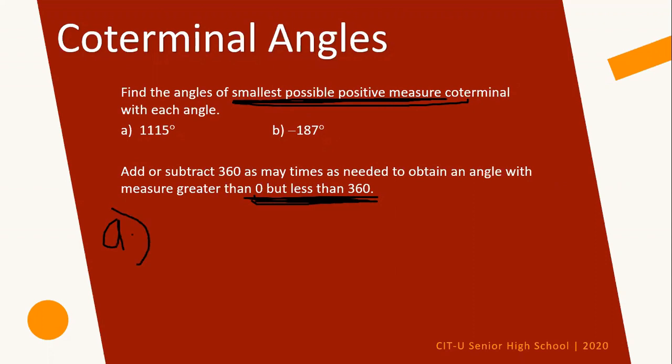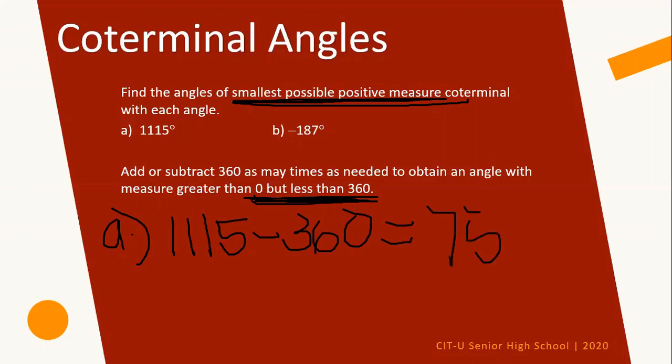Let's have letter A. We have 1115 minus 360, and that is 755. Not yet the smallest for sure.